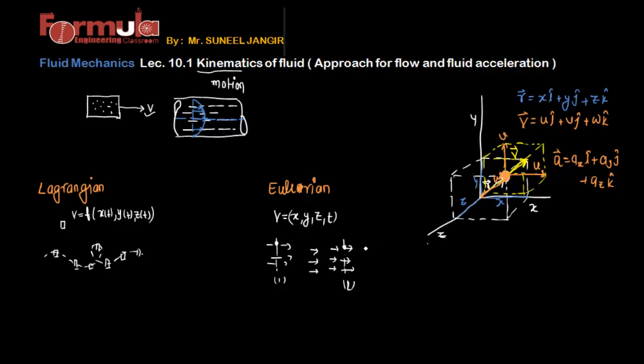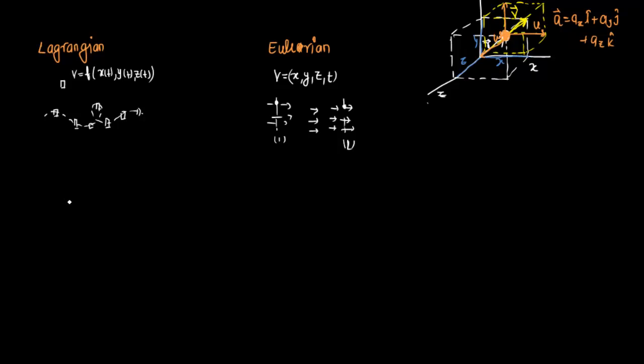Based on the Eulerian approach we can define the acceleration of the fluid. So let's start to analyze the acceleration. Based on the Eulerian approach we are simply saying that velocity is a function of x, y, z, that is the space coordinates, and time.